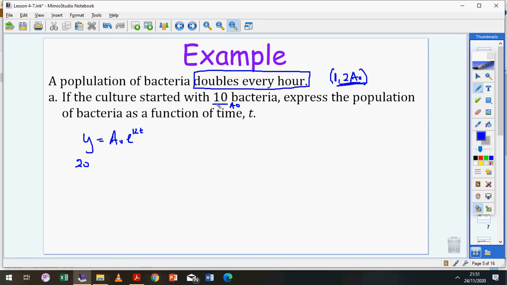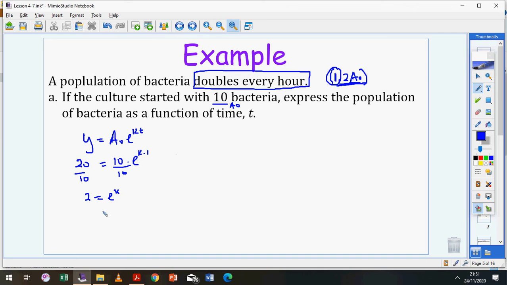Twice of A0 is equal to A0, which is 10, times e to the power k times 1, since this happens when the time is 1 hour. So 20 is equal to 10 e to the power k. If I divide both sides by 10, then I have 2 equals e to the power k.